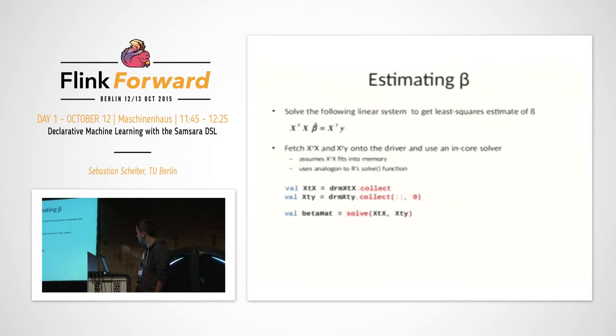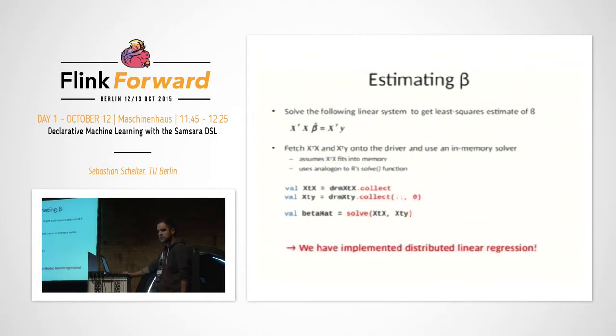And then we can just use this in-memory linear system solver, which is just a solve function, analogous to R, and we get an estimate of this parameter vector. And that's it. So it's just a few lines of code, and we've implemented a distributed linear regression that we can now run on Spark or Flink.